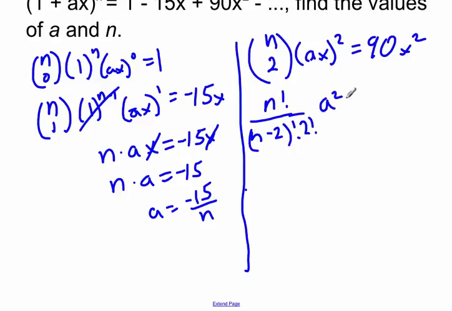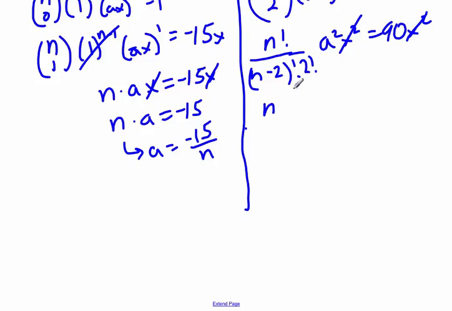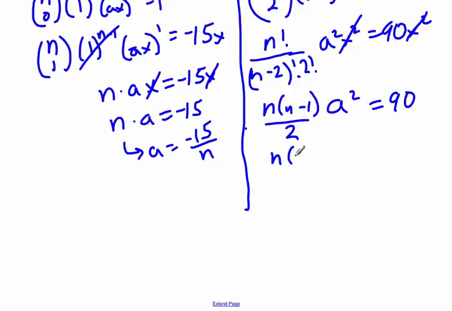And here we're going to get a squared x squared equals 90x squared. The x squareds will cancel. We saw before that if you simplify this, we get n times (n minus 1) over 2 times a squared equals 90. Okay, we can multiply both sides by 2, I guess, yep. n times (n minus 1) times a squared equals 180.